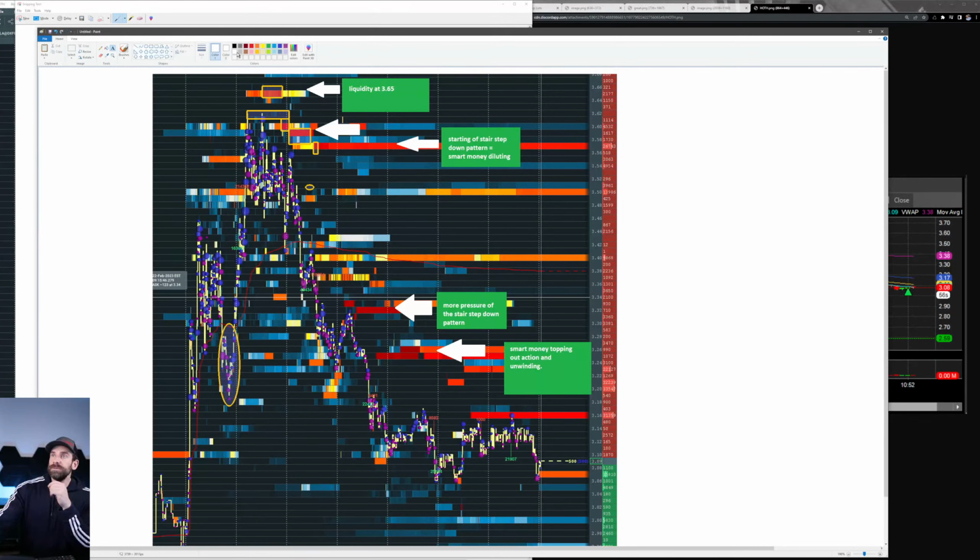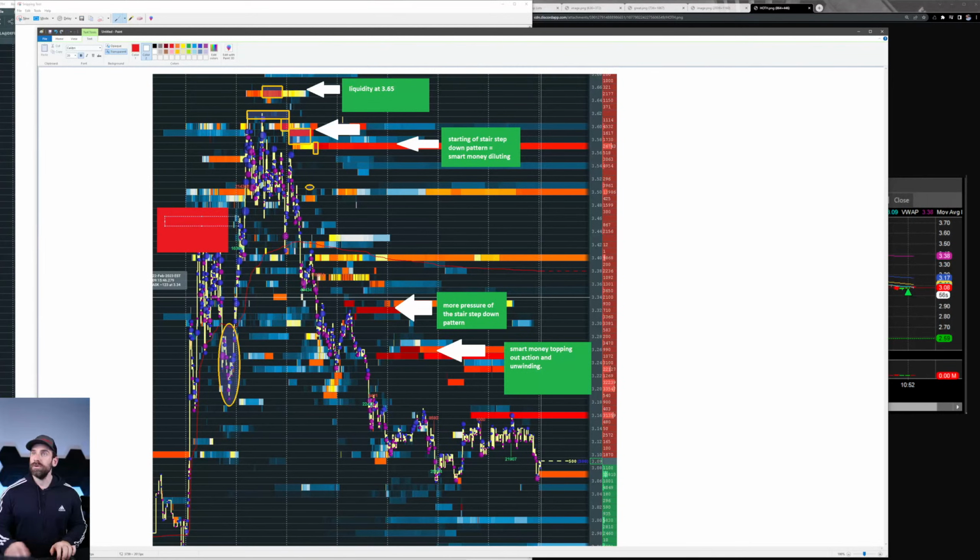All of this, okay, so if we see all of these nodes, all of these liquidity areas, they are not present on the front side of the move. Okay, so we're going to make another one over here, this time red. Over here we're going to write front side of the move.